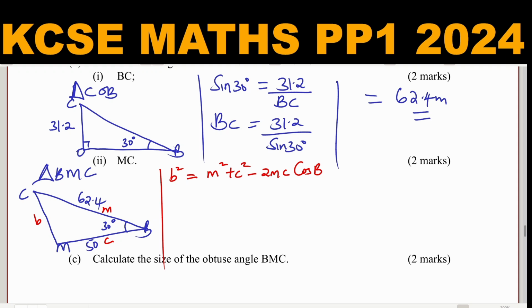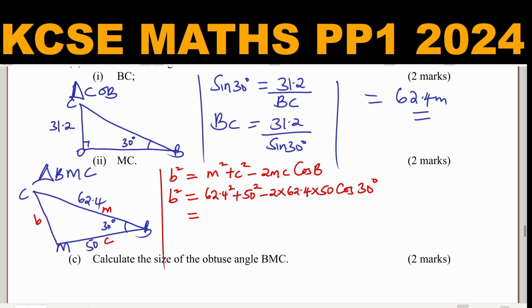CM in this case is B. So B squared is equal to 62.4 squared plus 50 squared minus 2 times 62.4 times 50 multiplied by cosine of B, which is 30 degrees.